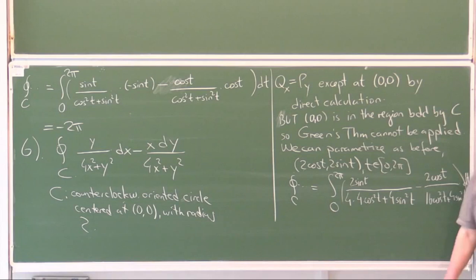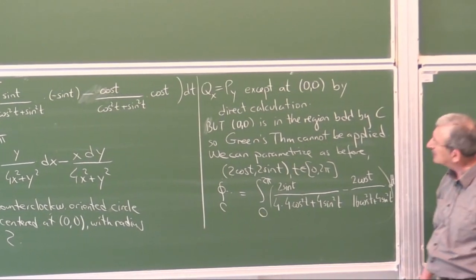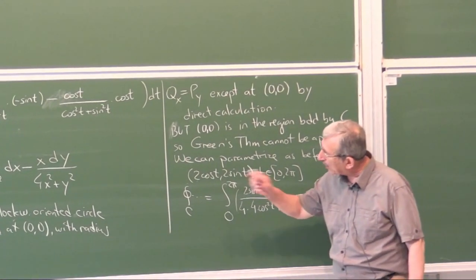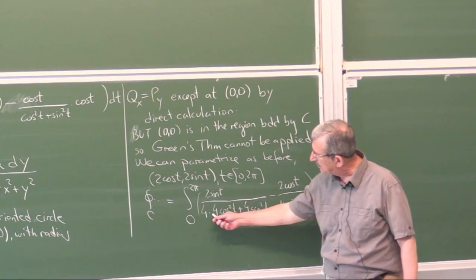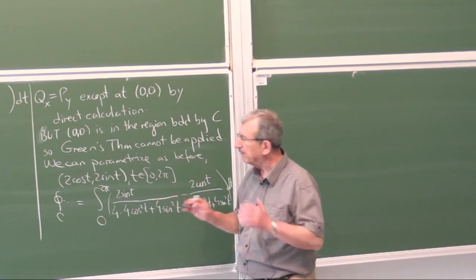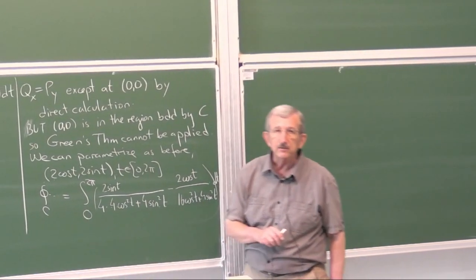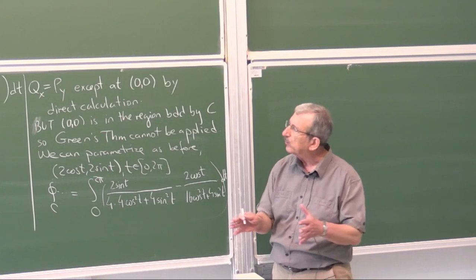Now, you immediately observe one difficulty. The difficulty is, unlike the previous case, in the denominator we don't have a constant. In the previous one, we had 1.